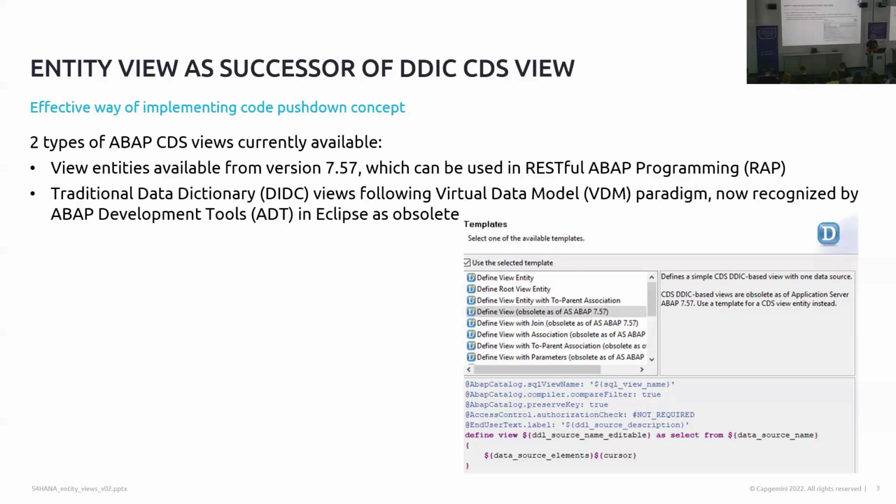Now SAP encourages us, not yet enforces, but encourages us to start using entity views, because we can see that the remaining data dictionary views are recognized as obsolete. So from that version, when creating new views, we should rather pick one of the first three options from that list.